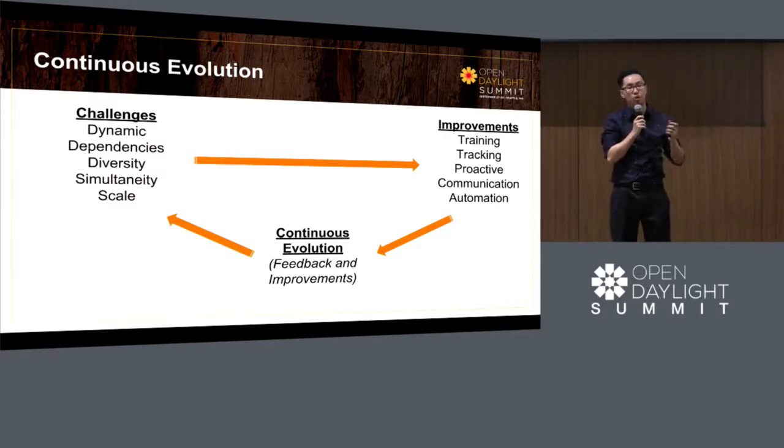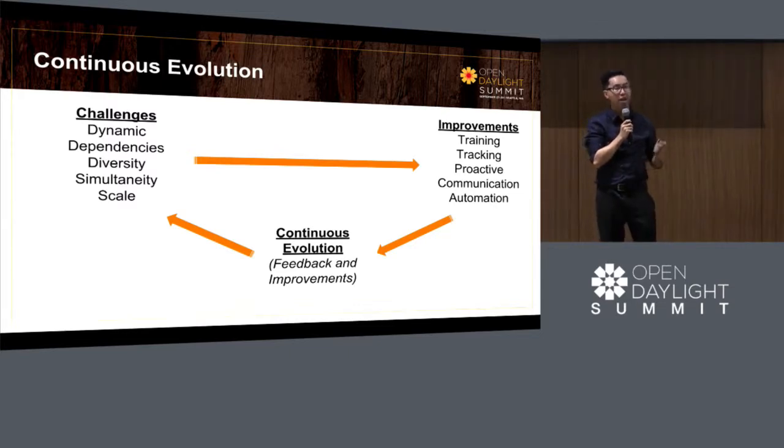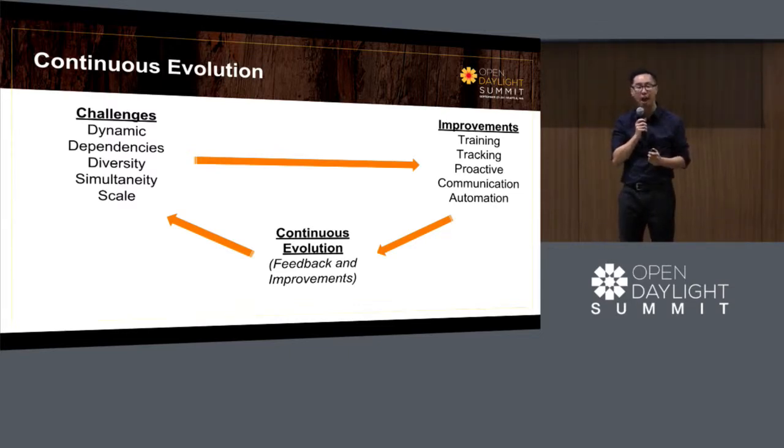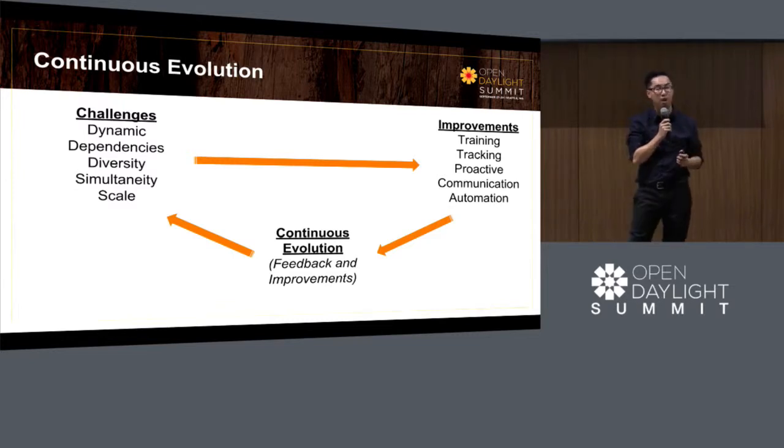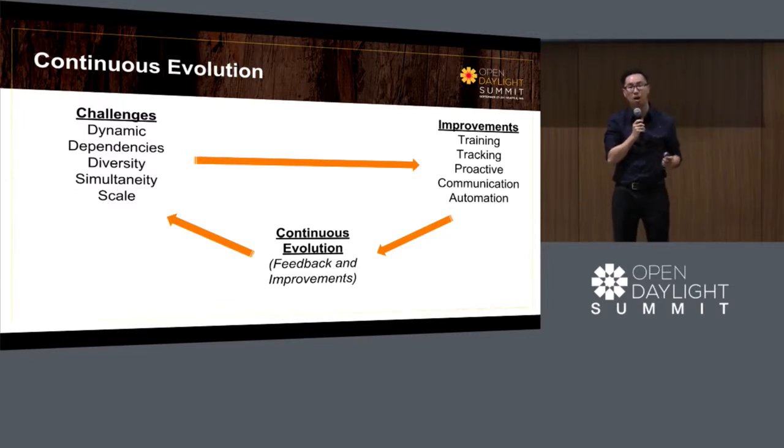And so in order to address these key challenges, we have to implement some form of continuous evolution, where we continuously solicit feedback and improve and refine our release process throughout the year. During the developer design forum, but also soliciting feedback throughout the development phase as well.